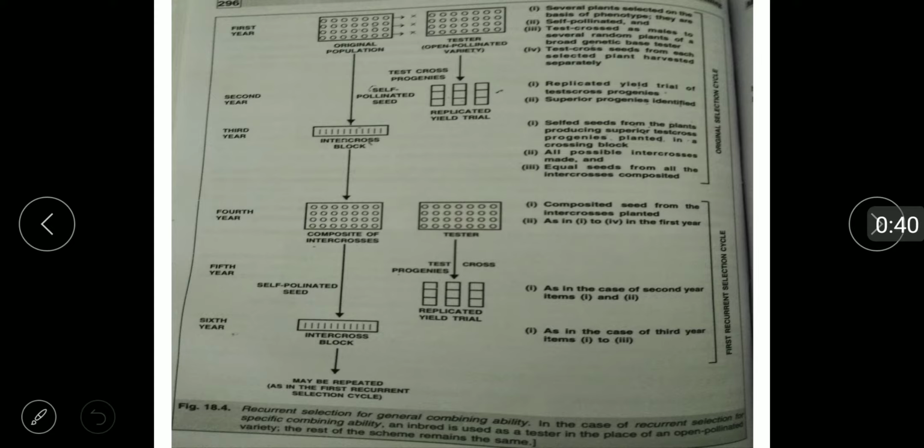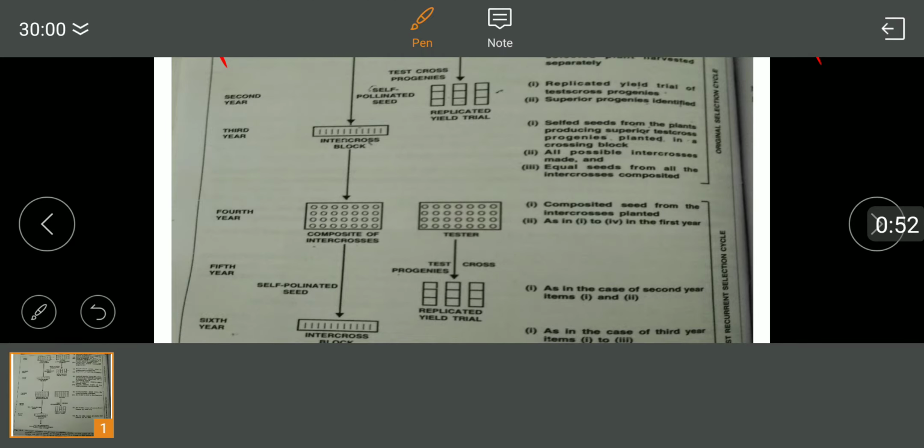In the first year, several plants are selected on a phenotypic basis. First, we are selecting plants based on phenotype. Then the plants are selfed and test crossed as males to several random plants of the broad genetic base.